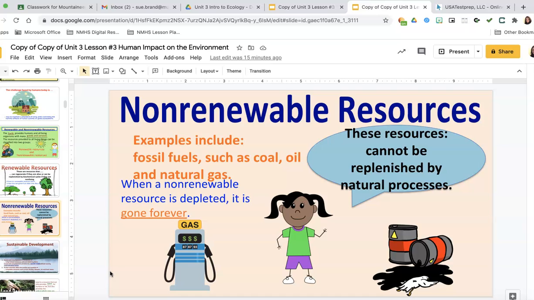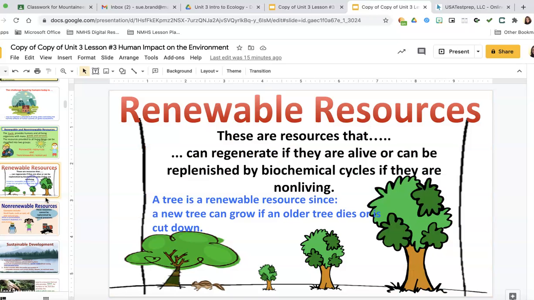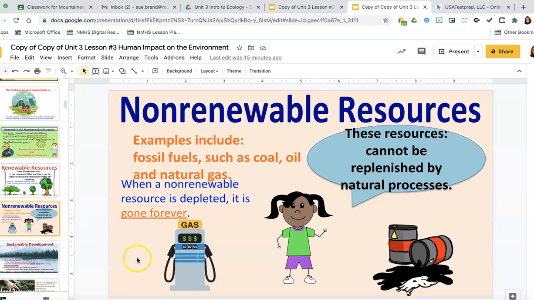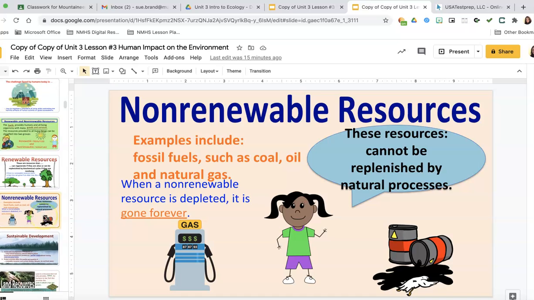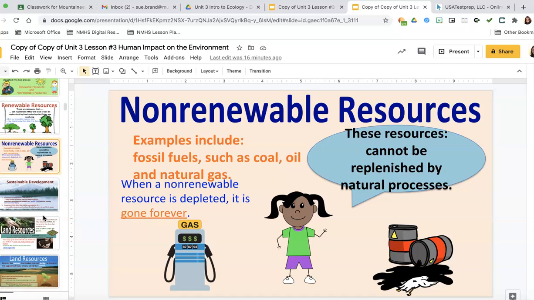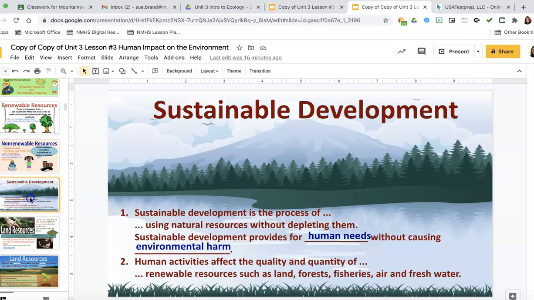And so it's considered a non-renewable resource because within our lifetimes, it cannot be replenished. Like a tree might take 20 years, but a tree can grow. So with coal and oil, it takes millions and millions of years to create oil through a natural process.